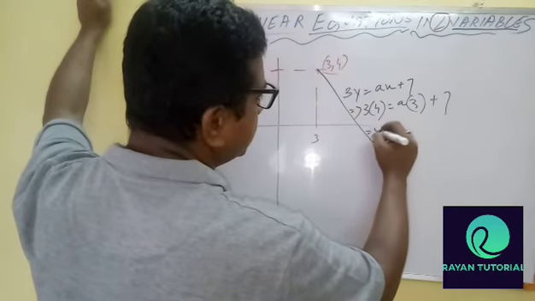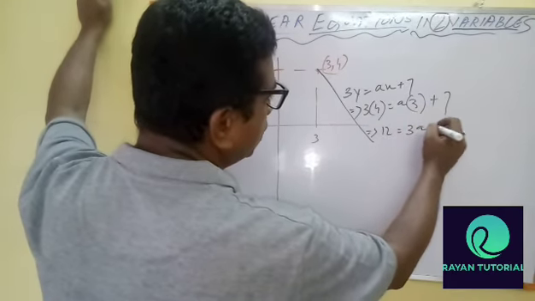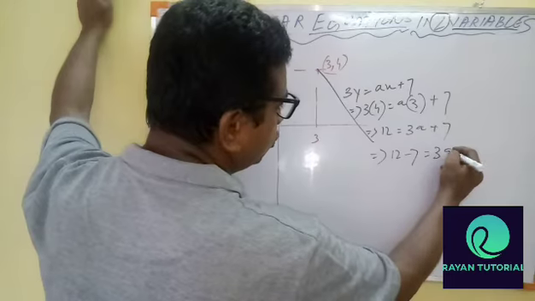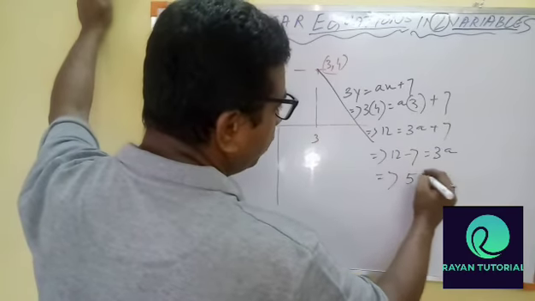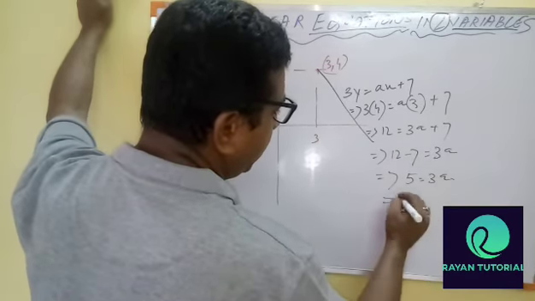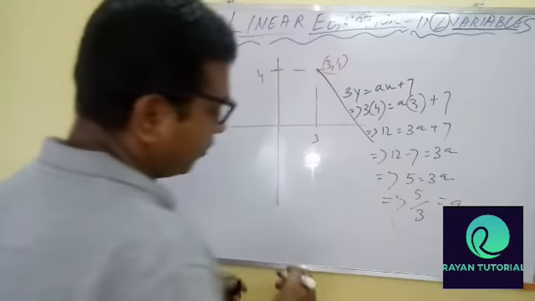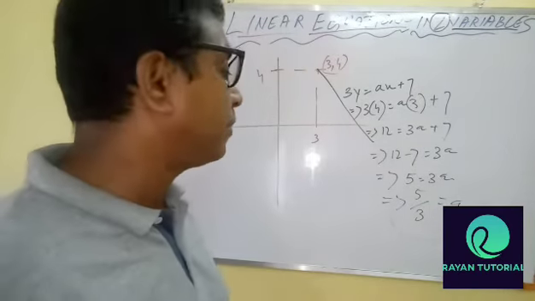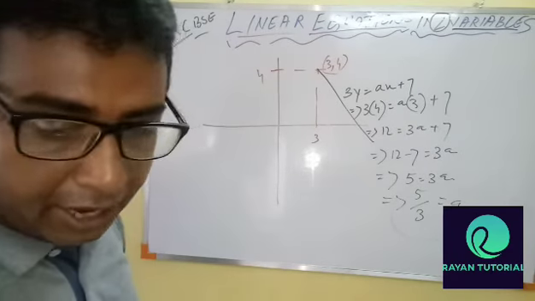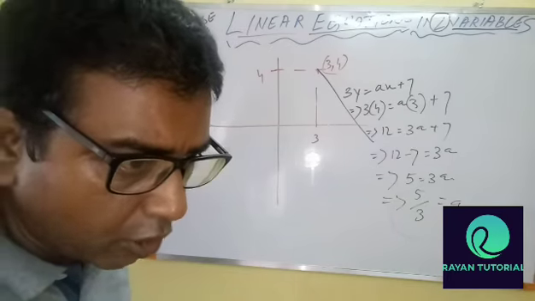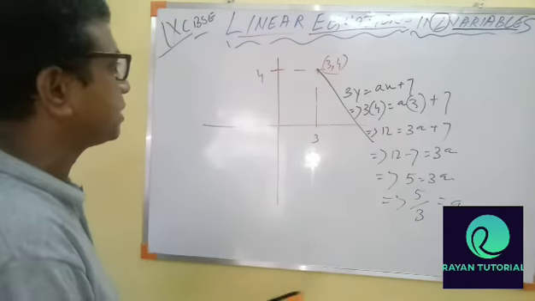So 12 equals 3a plus 7, or 12 minus 7 equals 3a, or 5 equals 3a, or 5 by 3 equals a. So the value of a is 5 by 3. Clear? Understood? This is a very simple sum.